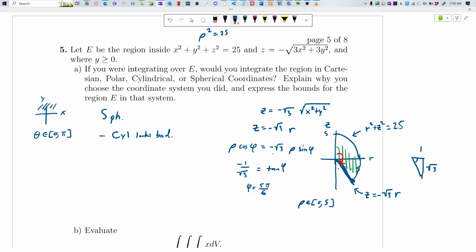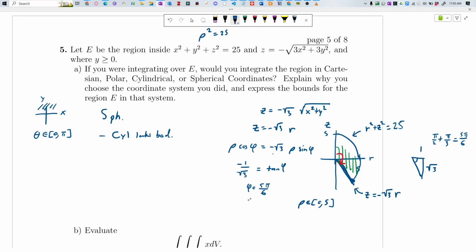But then plus pi over 2. So it's pi over 2 plus pi over 3, which gives you 5 pi over 6. So indeed, this angle is 5 pi over 6. There's a 30-degree angle here that's missing. Okay, I'm happy with that.